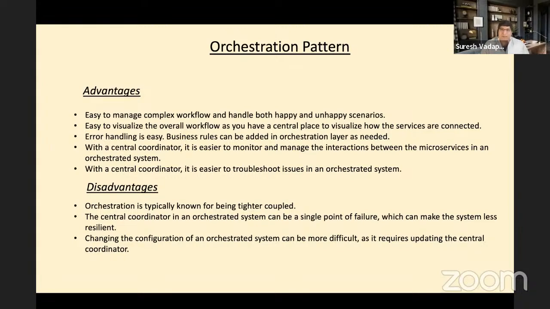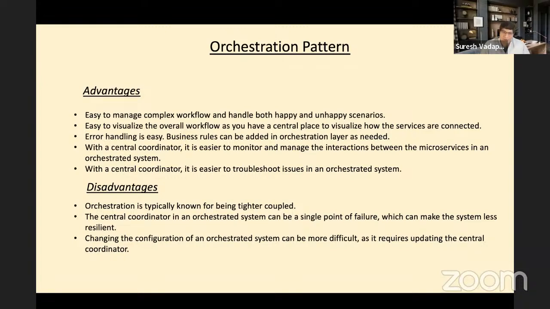If somebody is looking at your workflow, they clearly know that this calls the order service, then the payment service, then restaurant and rewards. With a central coordinator, it is easier to monitor, manage and troubleshoot the interactions between the microservices. If something happens, you can easily troubleshoot.